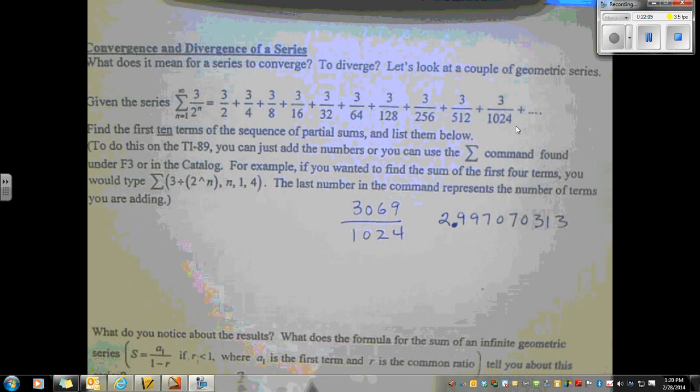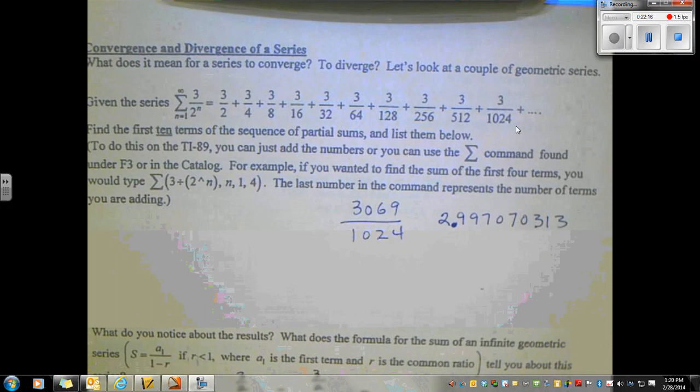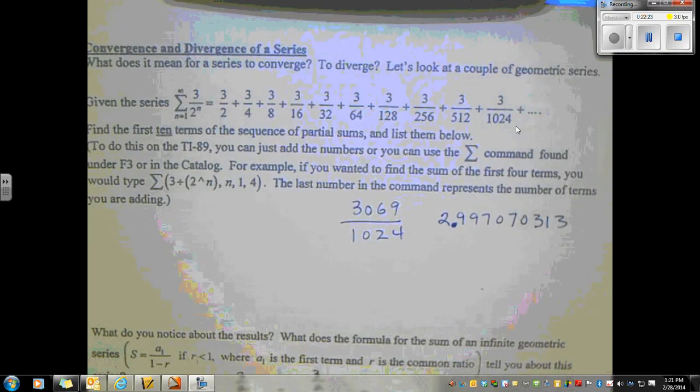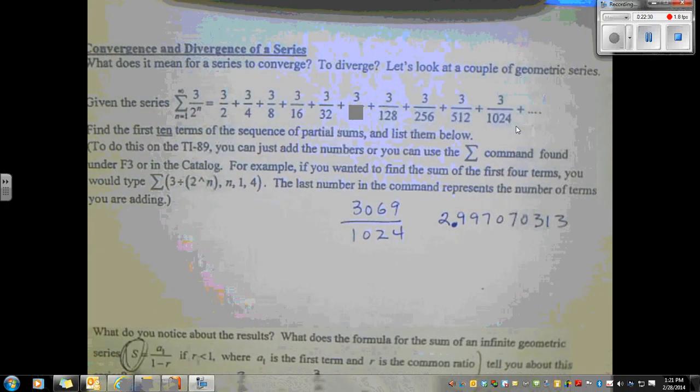And this is equal to 3/2 divided by 1/2, which is 3. Because our common ratio was 1/2, wasn't it? And when R is less than 1, we can use this summation formula.